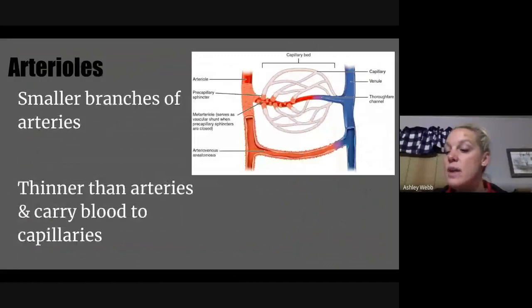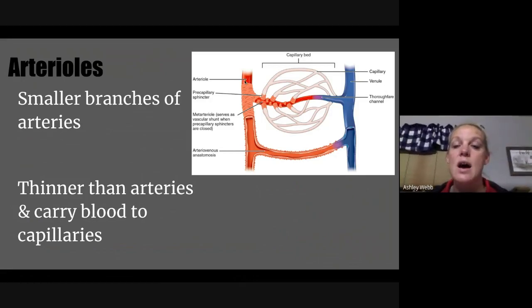Then we have arterioles. If you remember, arterio means artery, and ole means little, small, or tiny. So those are just smaller branches of the arteries. You can see in this picture the arteries get smaller into the arterioles, and then they also go across to the capillaries.